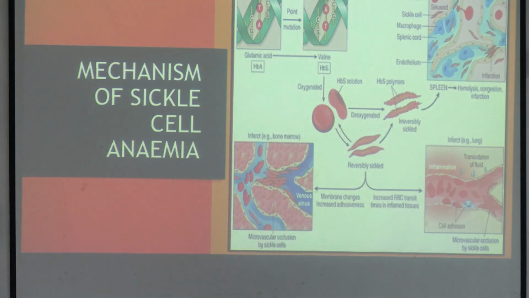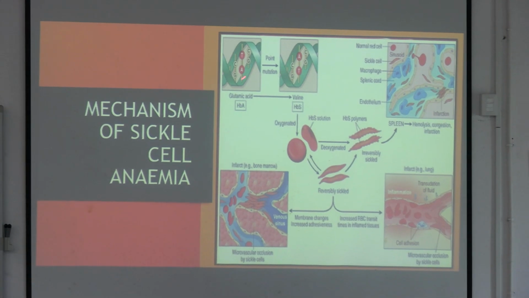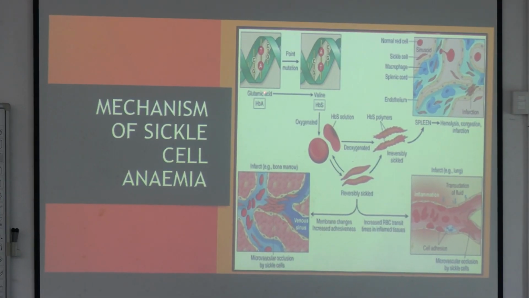Okay. So the mechanism of sickle cell: there is a replacement of glutamic acid or glutamate by valine. If there is a change in structure from hemoglobin A to hemoglobin S, the normal RBC structure will be deranged. Normal RBC structure is a biconcave disc-like structure.